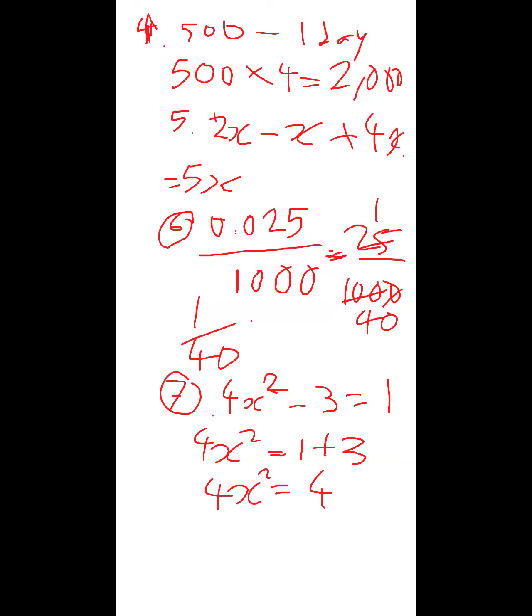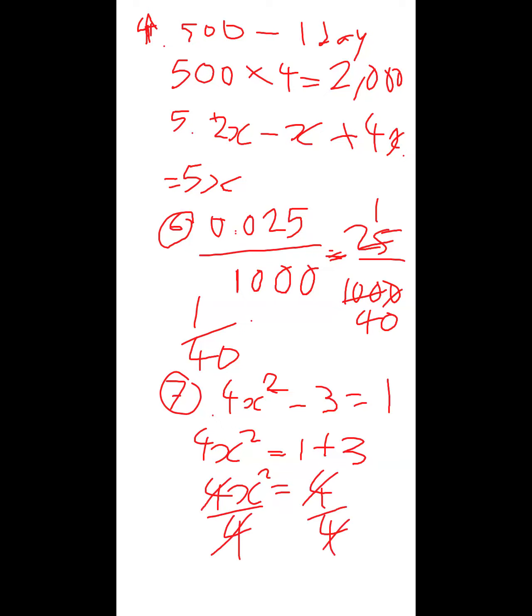Now, what are we going to do to both sides? Because we want to find the value of x, but 4 is multiplying x squared, we're going to do the opposite of multiplication, which is division. So we're going to divide both sides by 4. And there we go. So will it be 1?